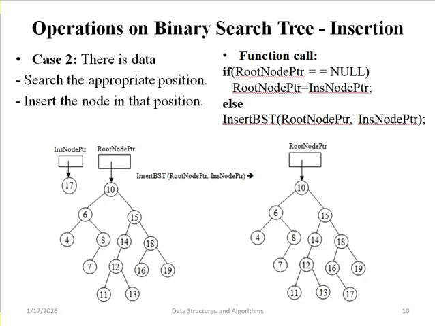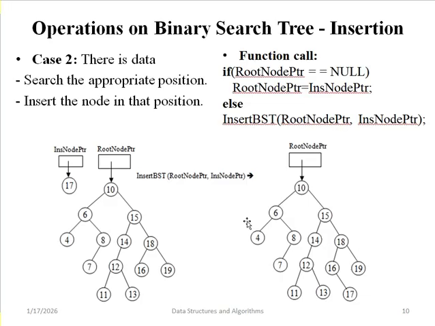Case 2 is if there is already data in the tree, with some nodes in it. Here we should search for the appropriate position at which to add the new node, and once we identify it, we insert the node in that position.